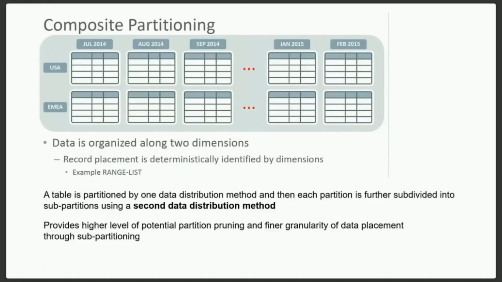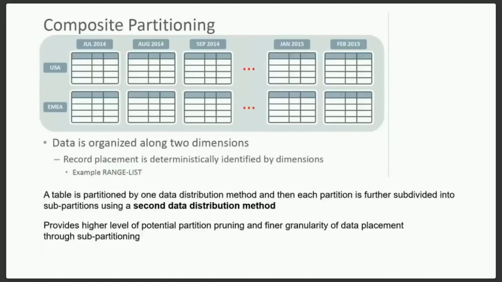In this case, I have my data initially partitioned by some date column, so that was range partitioning. And now I have a further requirement where, within each of my range partitions, I want to sub-partition the data. So for example, data for July 2014 is in a particular partition, but I also want to split that partition into a number of sub-partitions based on maybe region or country.